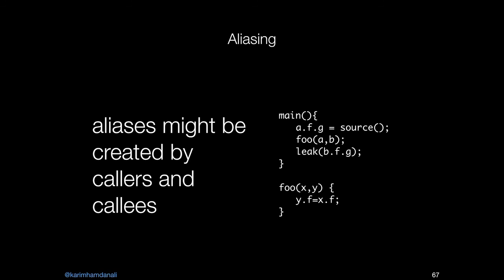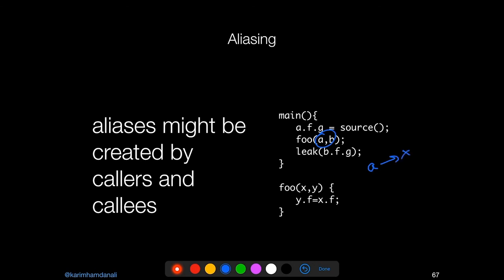So like in this case here, A and B are passed to foo, and basically what happens here is that A is assigned to X, B is assigned to Y. So here Y.F is equal to X.F, which means A.F is assigned B.F. So here, if B.F.G is leaked, that means A.F.G is leaked, which means it's going to be a taint that is leaked.